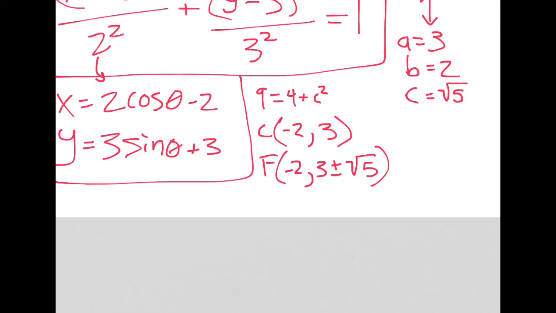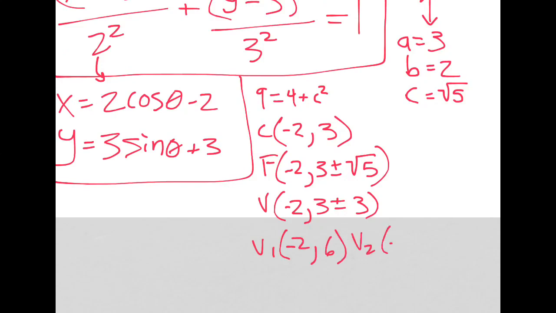So there's your foci. And finally, vertices, in the same way, the x value is the same. From 3, we need to add and subtract our a value, 3. So vertex 1 is negative 2, comma 3 plus 3 is 6, and vertex 2 is x value negative 2, comma 3 minus 3 is 0. So I've got my center, my foci, my vertices.